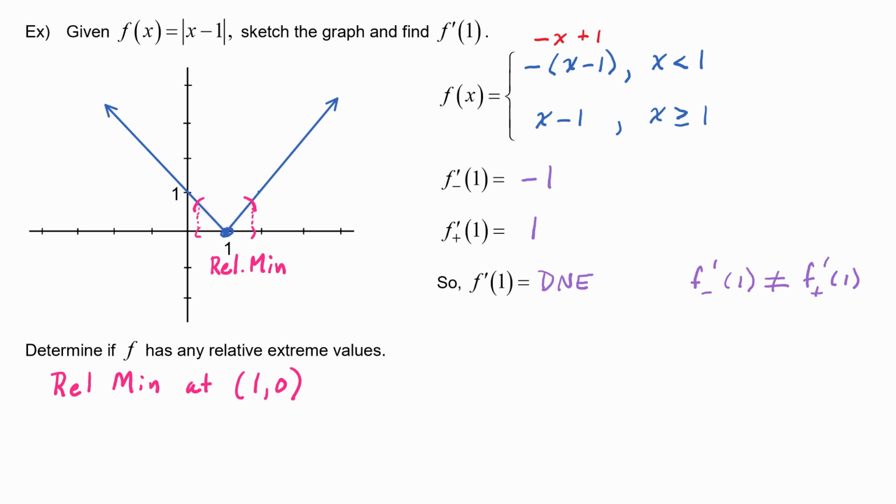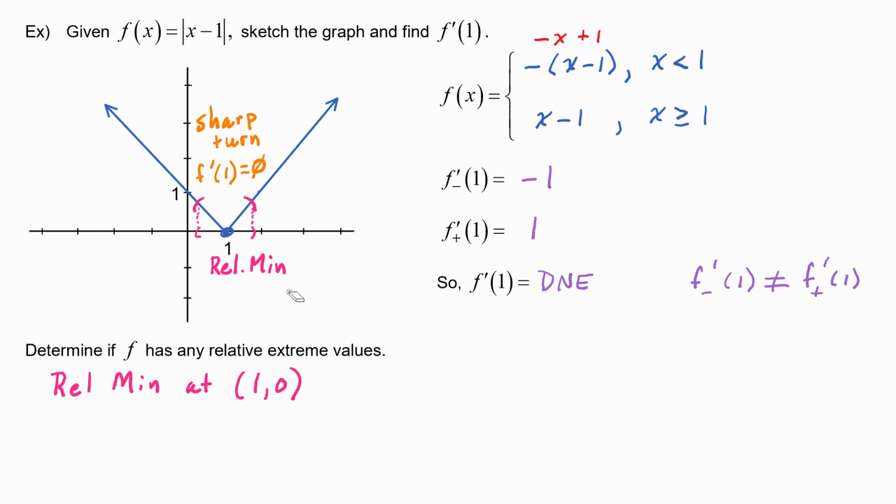And what I want you to notice right now is at that exact point on the graph, the derivative does not exist. So we had a sharp turn on the graph, and we found that f prime of that x value, which is 1, did not exist. So right now, I just want you to notice that.